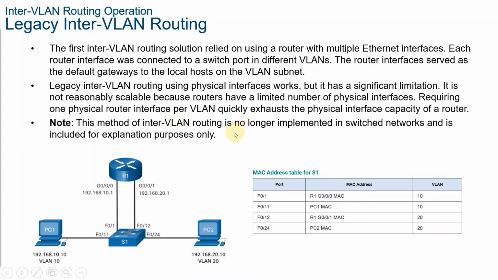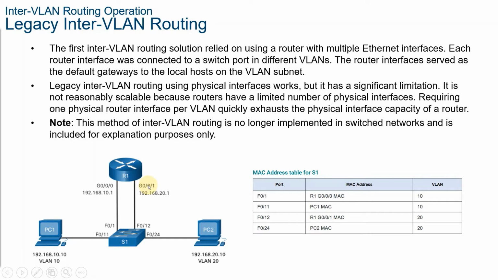Legacy inter-VLAN routing using physical interfaces works, but it has a significant limitation. It is not reasonably scalable because routers have a limited number of physical interfaces. Requiring one physical router interface per VLAN quickly exhausts the physical interface capacity on a router. In R1 here, this required two separate Ethernet interfaces to route between VLAN 10 and VLAN 20.